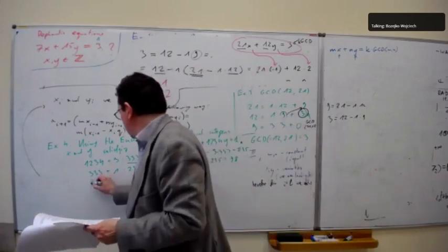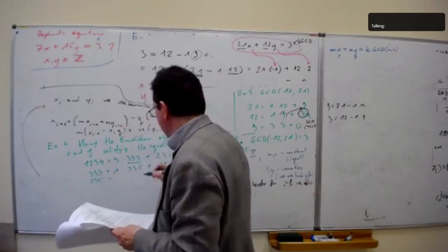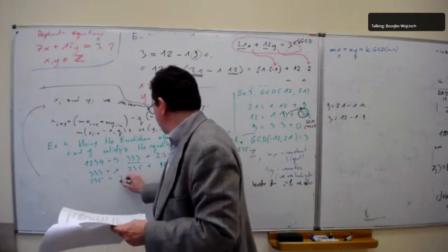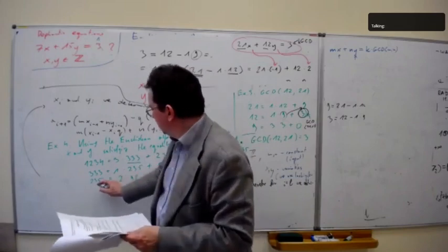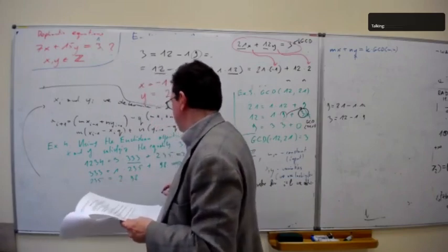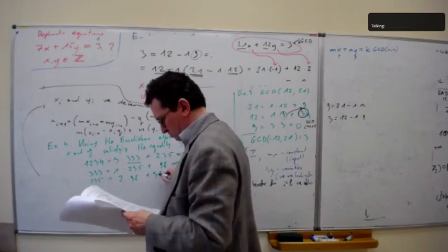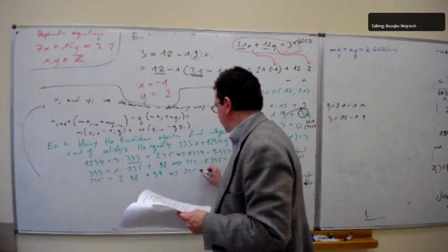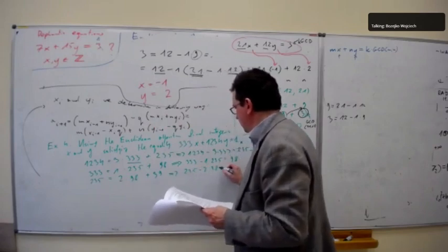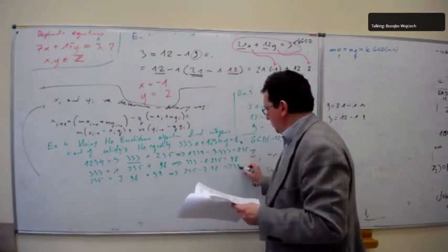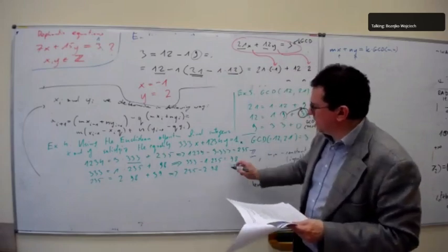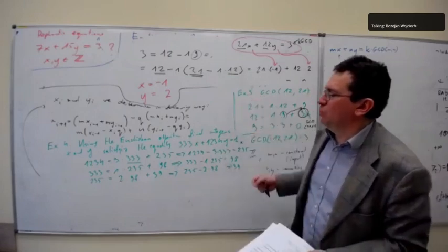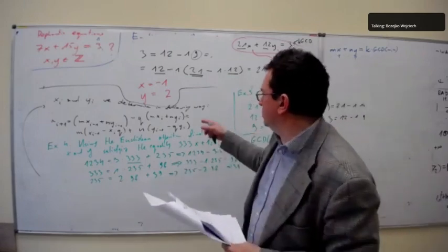Next, 235. We'll write it as 2 times 98, and the rest will be 39. And also here we can write that 235 minus 2 times 98 is 39. The right side here is useful for writing back the solution of the Euclidean algorithm.